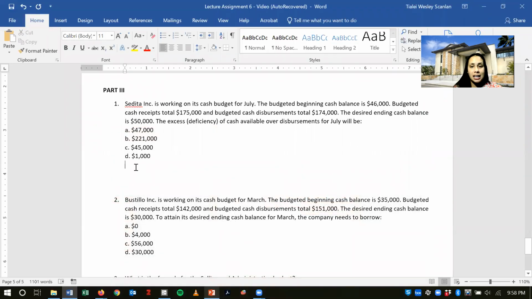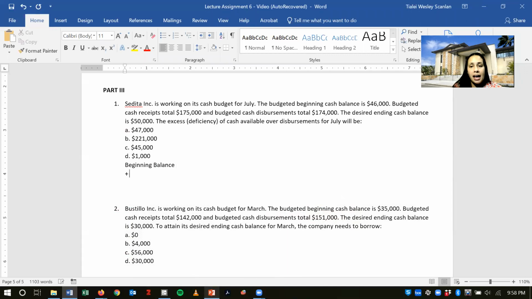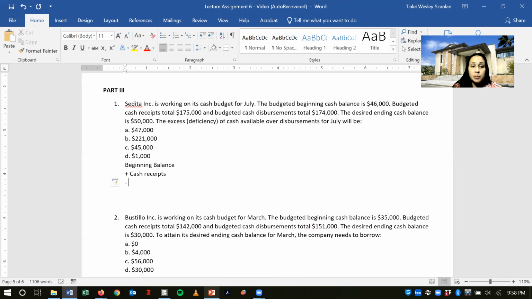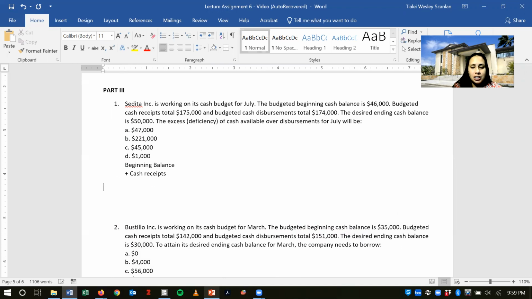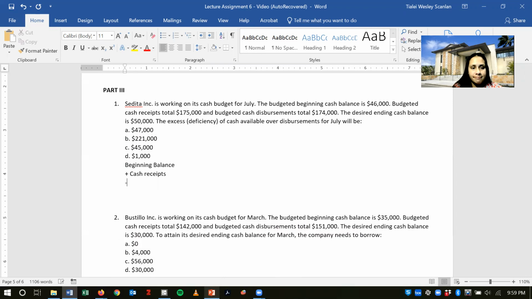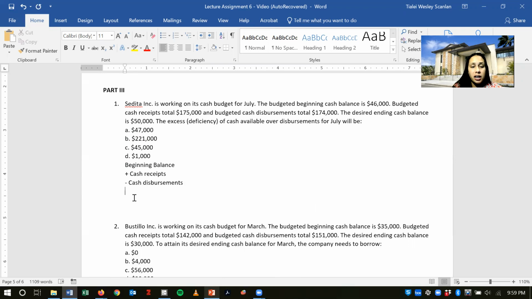So we're going to start with our beginning balance, and we will add our cash receipts, and we'll subtract our cash disbursements. And that'll give us our excess or deficiency cash.